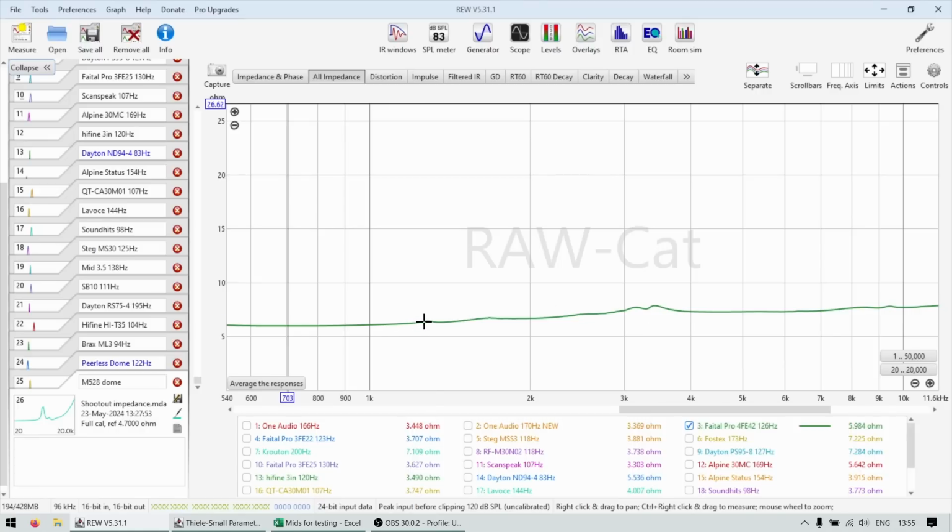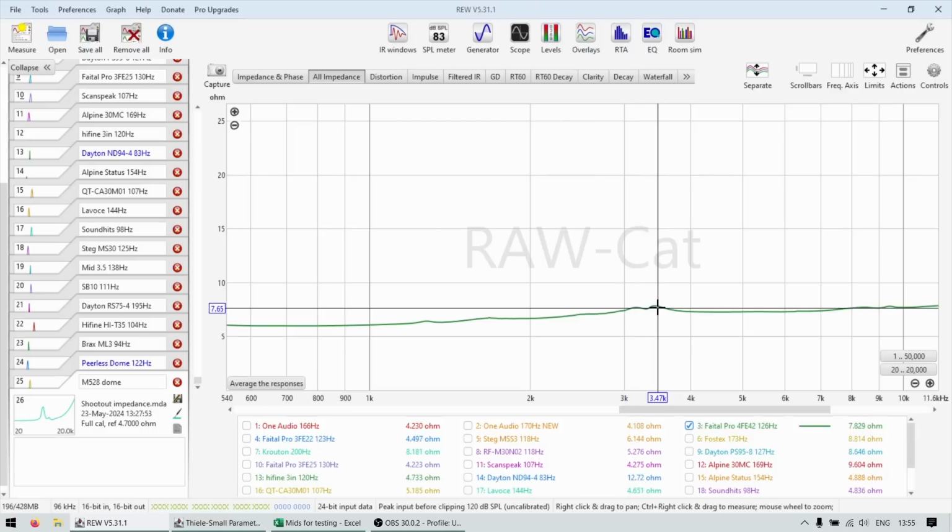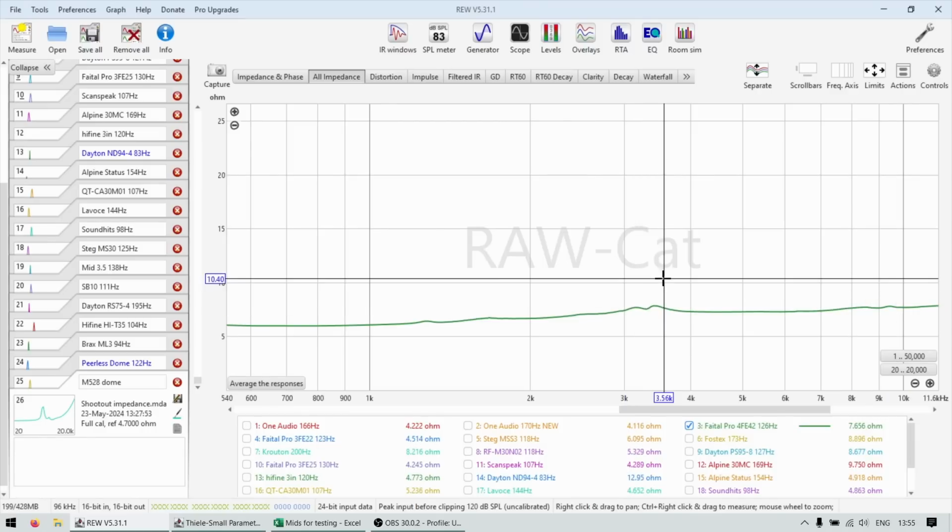Every bump, every nonlinearity in the impedance graph is showing us that something is happening inside the driver. It could be the surround, it could be the cone, it could be a ringing basket, it could be many different things that I cannot pinpoint to you, but I can tell that the more linear this is, in my subjective opinion, again, this is subjective, the better the driver is.